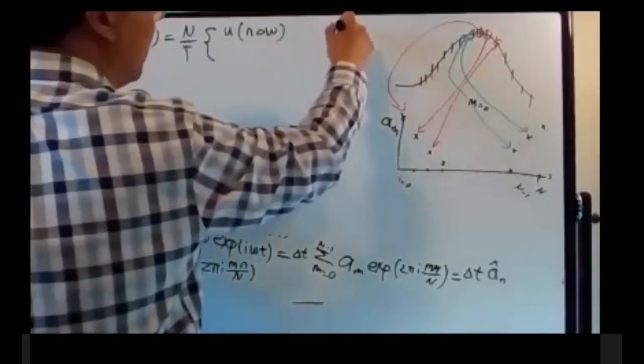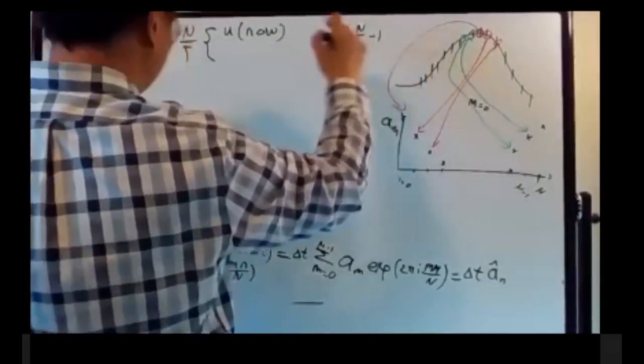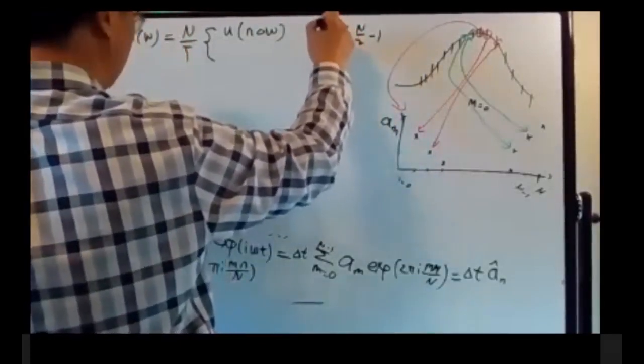So this is n divided by N over 2 minus 1 greater than 0.